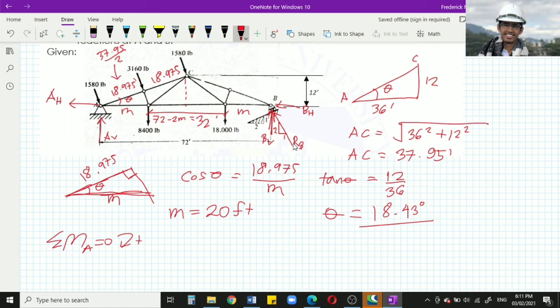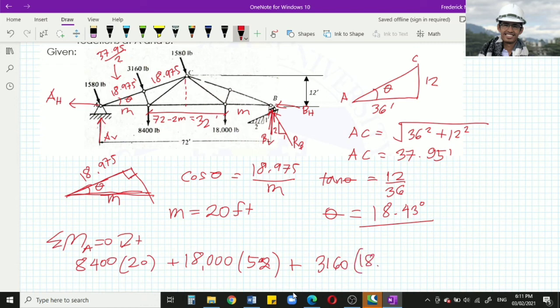That will be 8,400 pounds times M, that is 20 feet, plus 18,000 pounds times 32 feet plus M, that will be 20 feet plus 32, that will be 52 feet, plus 3,160 times 18.975, plus 1,580 times 18.975 times 2, that will be 37.95.